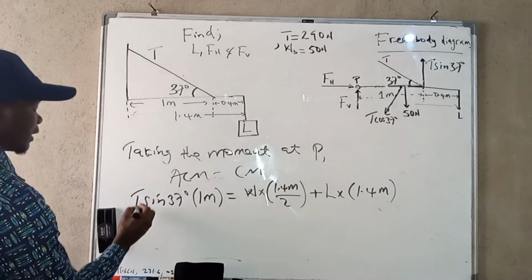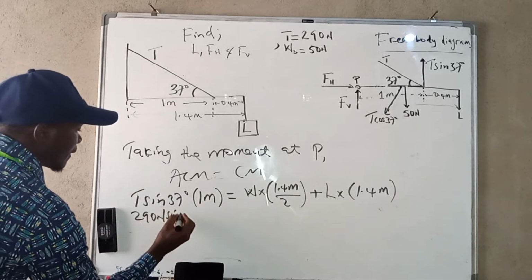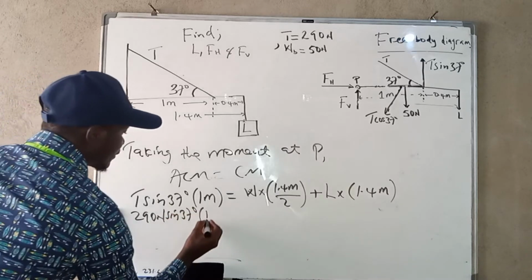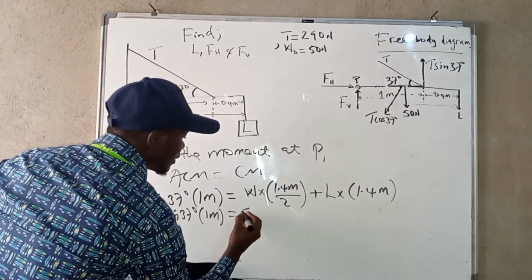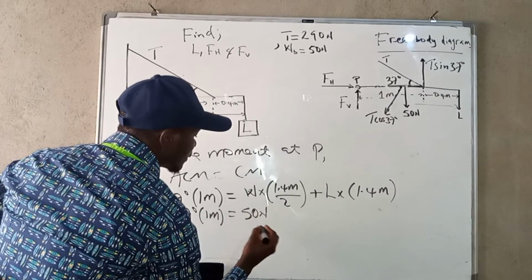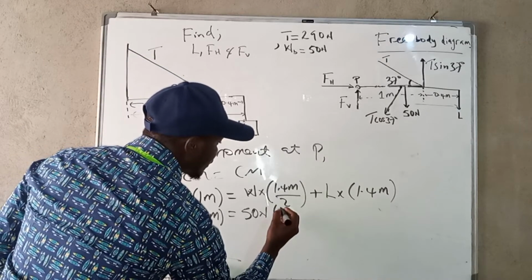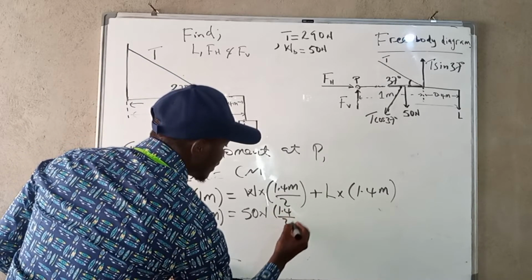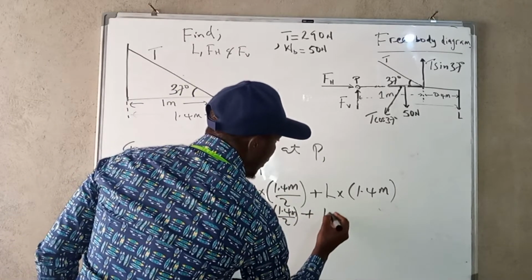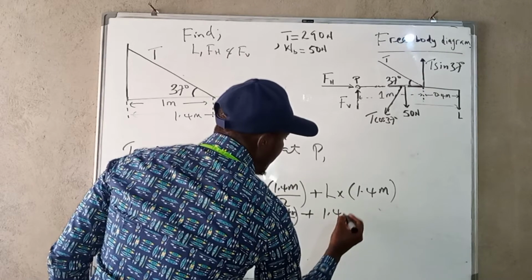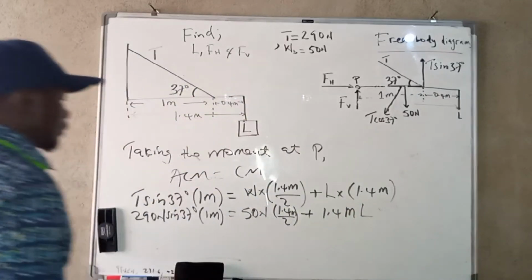We have 290 sine 37 degrees times 1 meter, which must give us the weight of the beam, 50 newtons, times 1.4 divided by 2, plus 1.4 meters L.